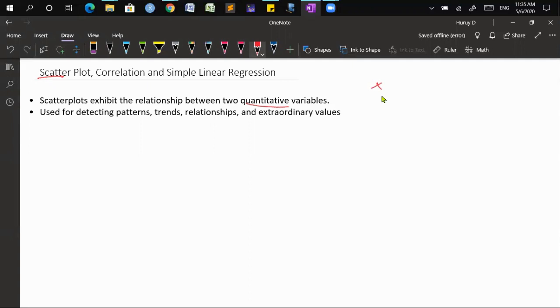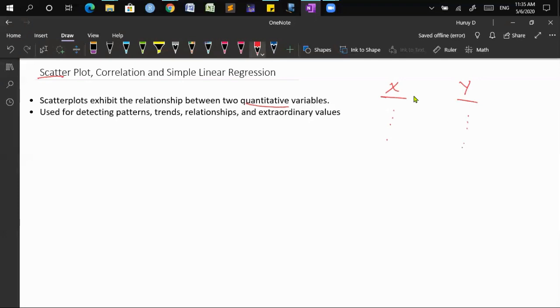So here we use X and Y. These are the two variables. So we need two variables in order to create a scatter plot.